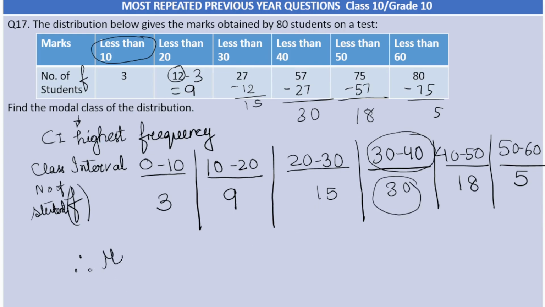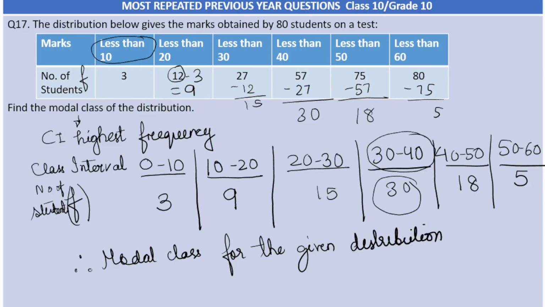Therefore, the modal class for the given distribution is equal to 30 to 40. I hope I am clear with how we are going to find this modal class when such a question comes up. Please go through this well to answer such types of questions.